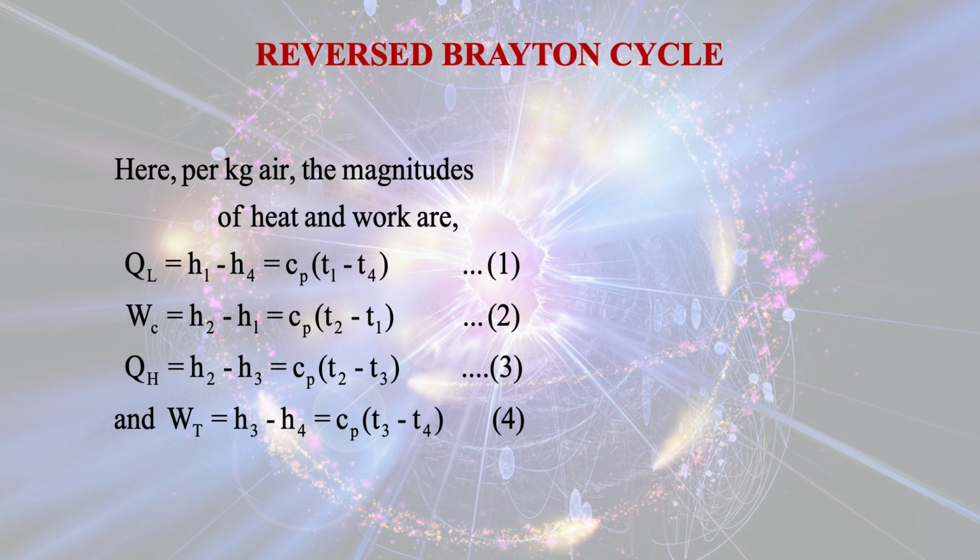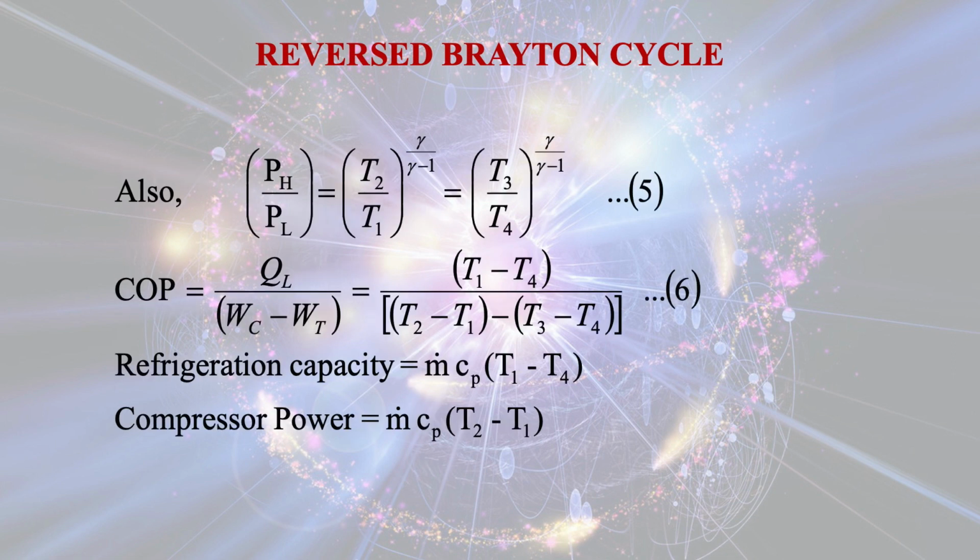Now let us perform some calculations for calculating the temperature. Let us see what expressions we get with the relations between the pressure ratio and the initial temperature of air before compression and the final temperature of air after compression. So we know that PH divided by PL is equal to T2 by T1 to the power gamma divided by gamma minus 1.